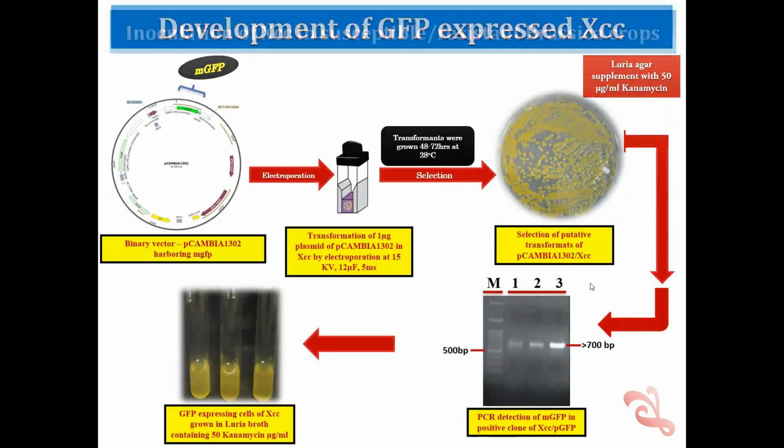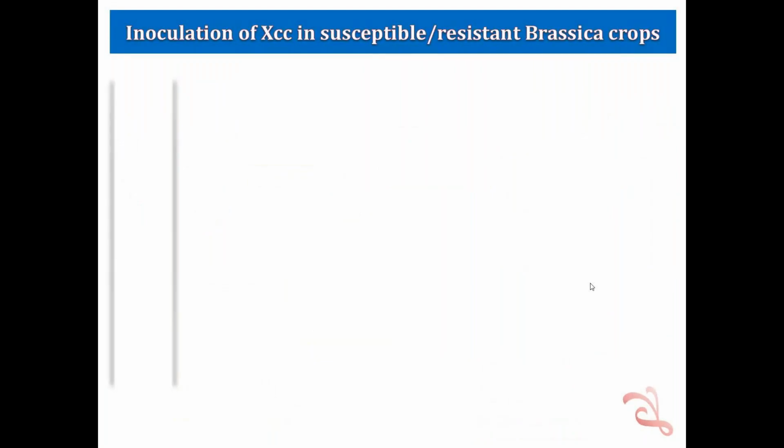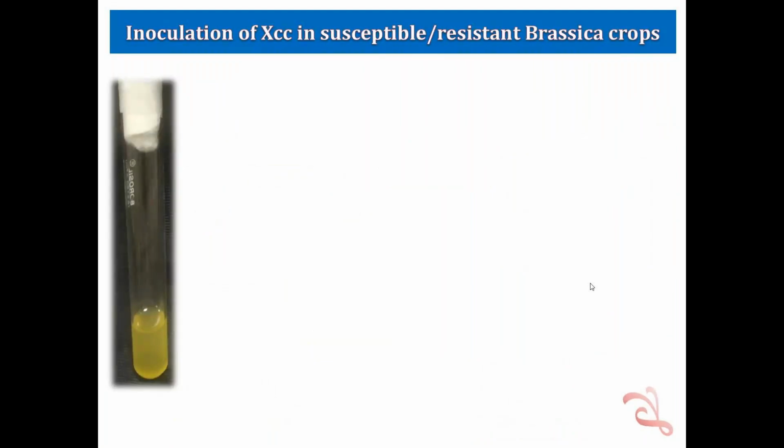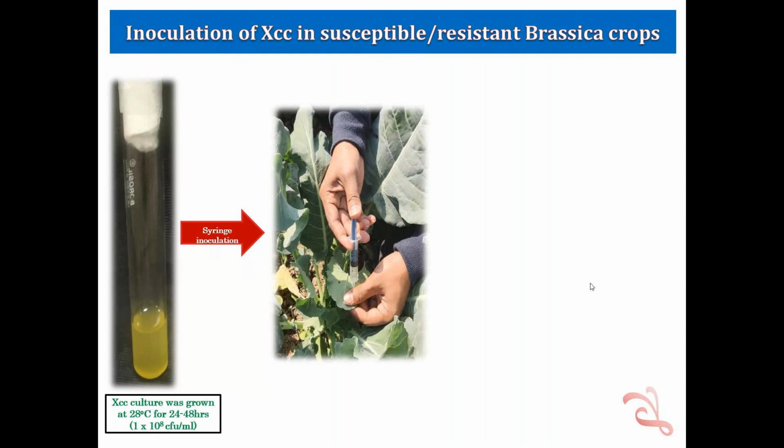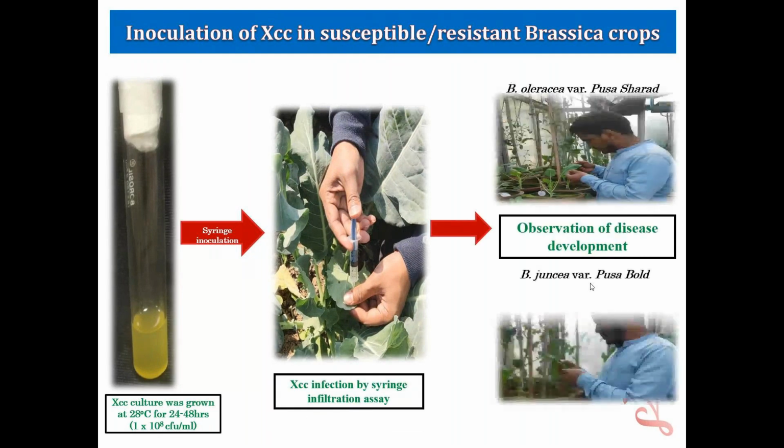Now we inoculate the Xanthomonas campestris pv. campestris by syringe infiltration assay in susceptible and resistant hosts of Brassica species and observe the disease development in these hosts.